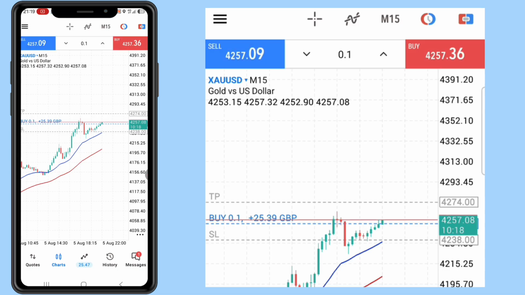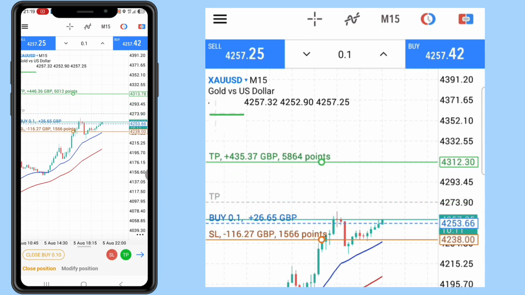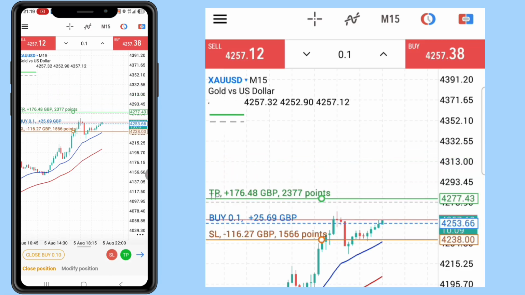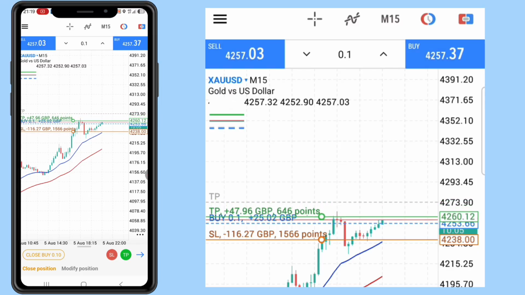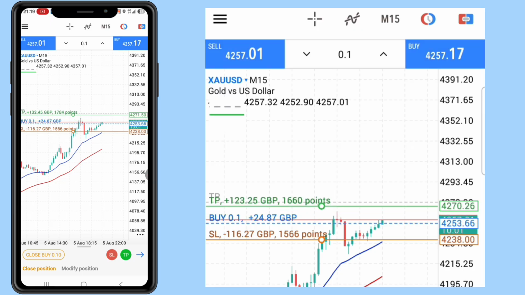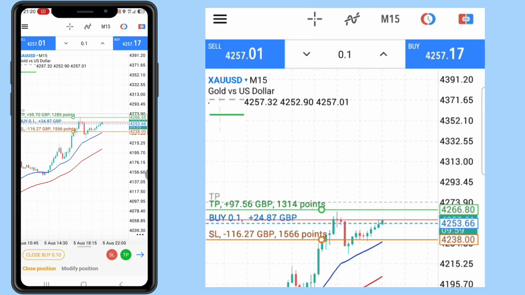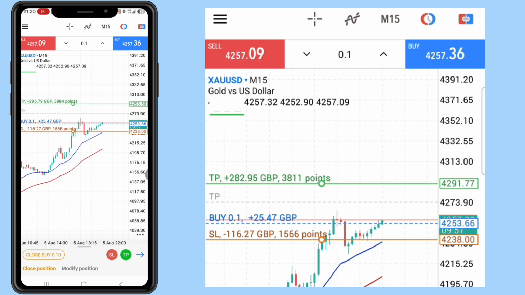But then how much take profit are you supposed to take? Like I told you, come here. Okay, drag this. If you are having $100, at least set this to $10, depending on the lot size that you chose. Remember, I showed you how to set the lot size, so I don't need to go back there.